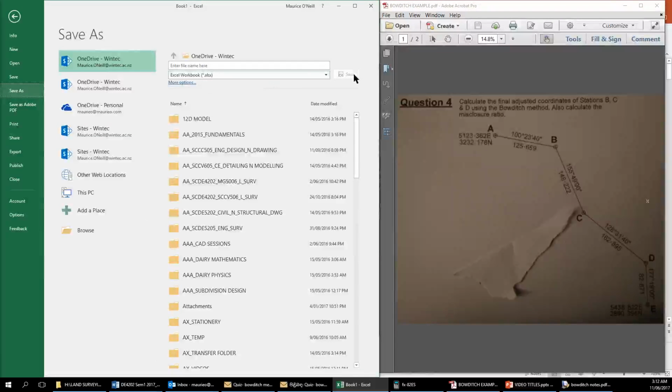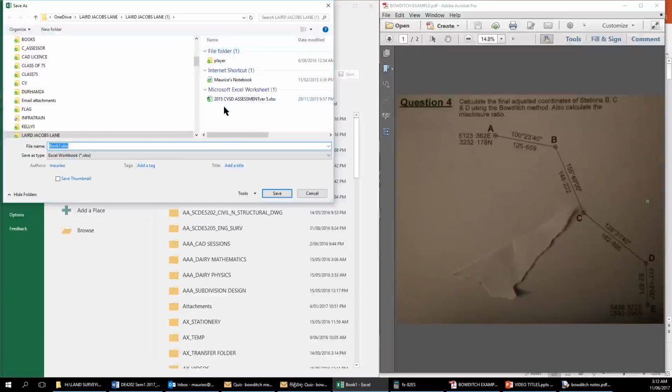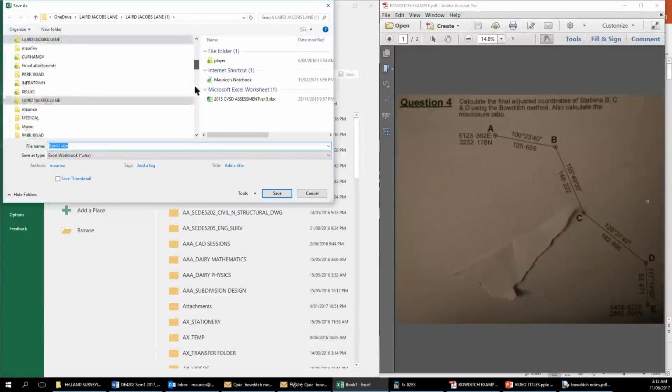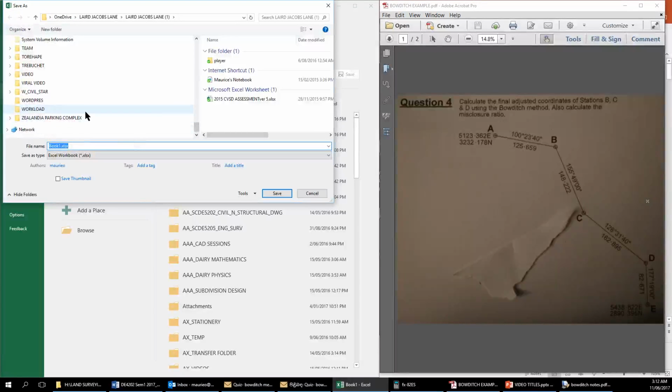Now I better save that somewhere, hadn't I? I'll browse. I'll save it to the desktop. That's always a safe place. If I can only find the desktop. We'll have to go down here. Oops, this is proving elusive somewhat.